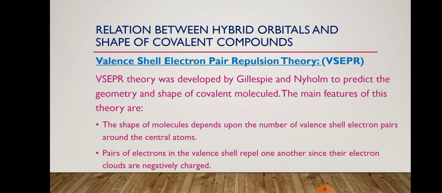According to VSEPR theory, the electron pairs around the central atoms in a molecule should be arranged as far apart as possible.